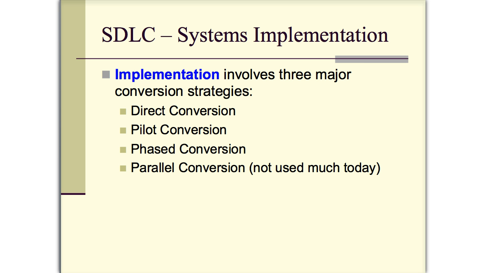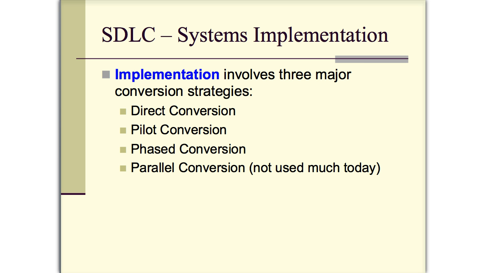Phased conversion is where you are implementing the entire system, but you're not implementing all of the functions of the system. So maybe you have the basic functionality that's available to everybody, but some of the higher level functions are not available until you decide, and usually until you make sure that the basic stuff works well.